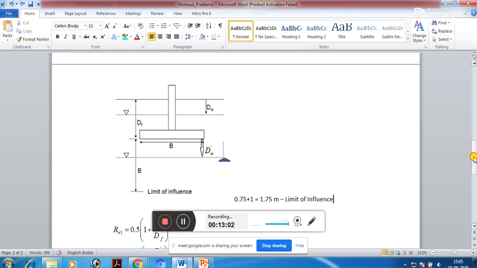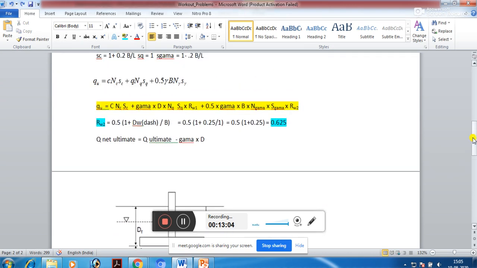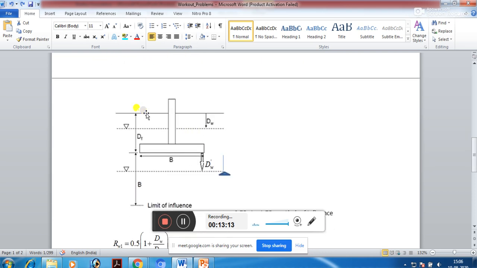That means on the surcharge, and you can very easily say, see this gamma, that means the bulk unit weight of soil, will remain the same because the water table is located over here.